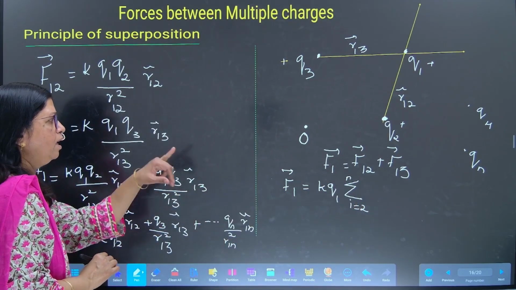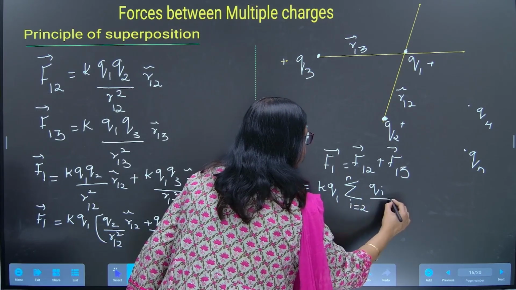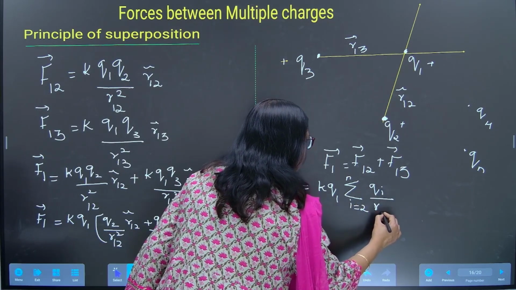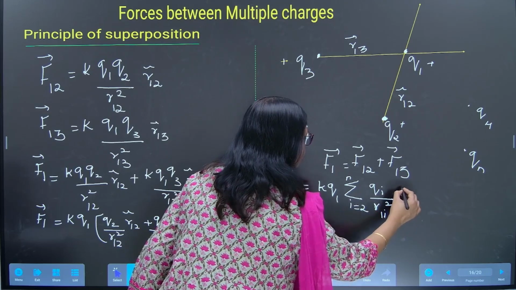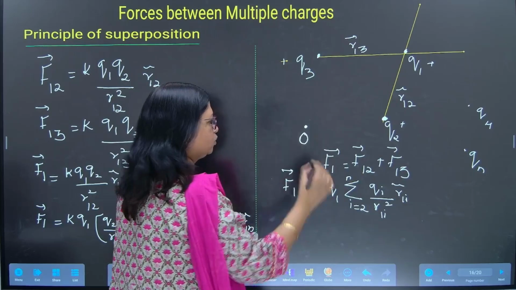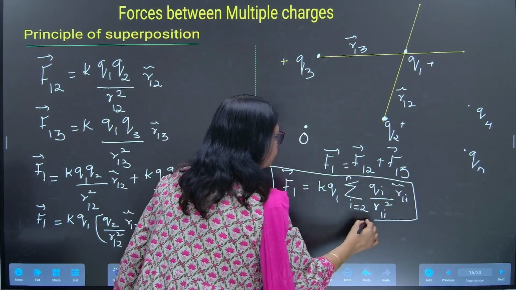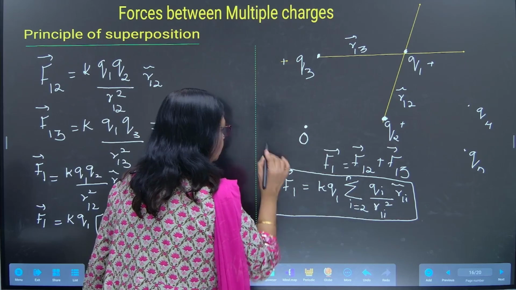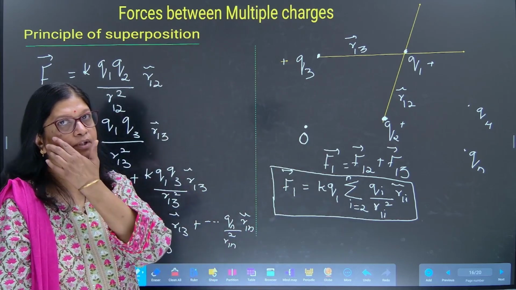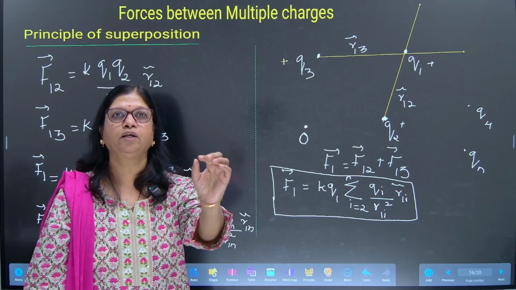So we are writing from i is equal to 2 to n, Qi upon R1i square, R1i cap. So this is the total force acting on the charge Q1 due to Q2, Q3, Q4, so on up to Qn.